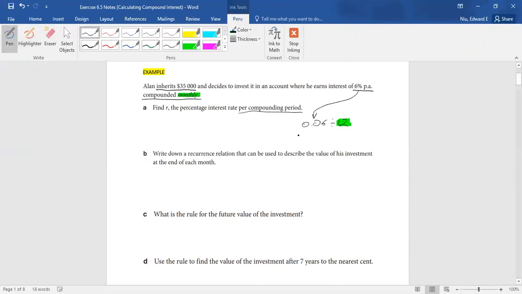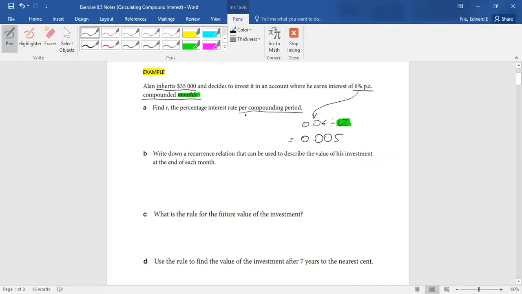What we get is 0.06 divided by 12, which is 0.005. In other words, that is 0.5%.